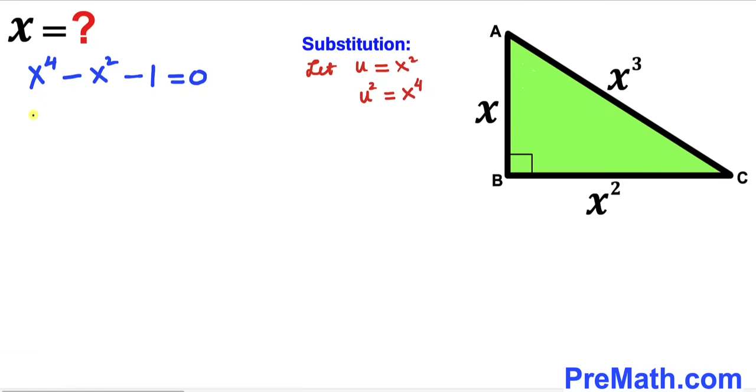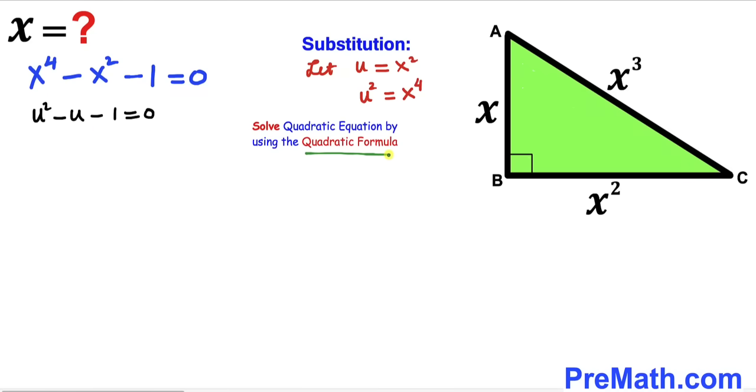Therefore our equation after the substitution becomes u squared minus u minus 1 equals 0. Here we end up with this quadratic equation, u squared minus u minus 1 equals 0, and we are going to solve it by using the quadratic formula.